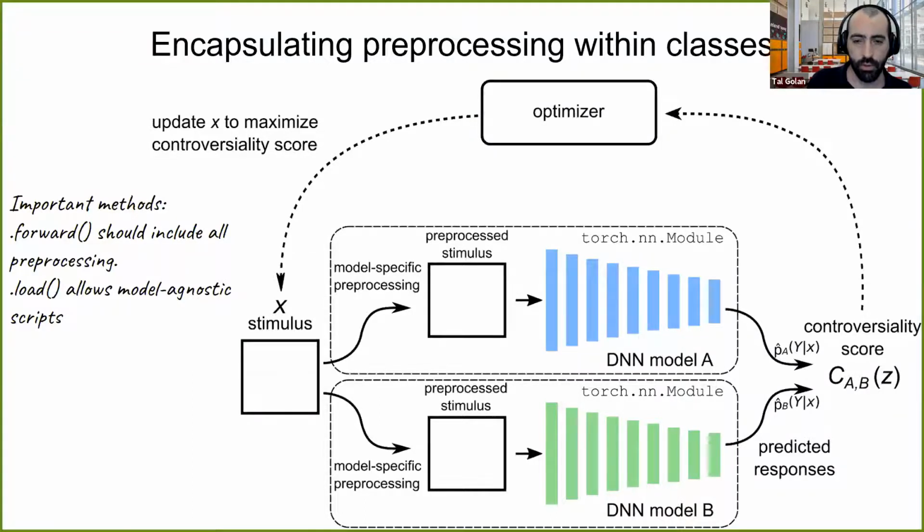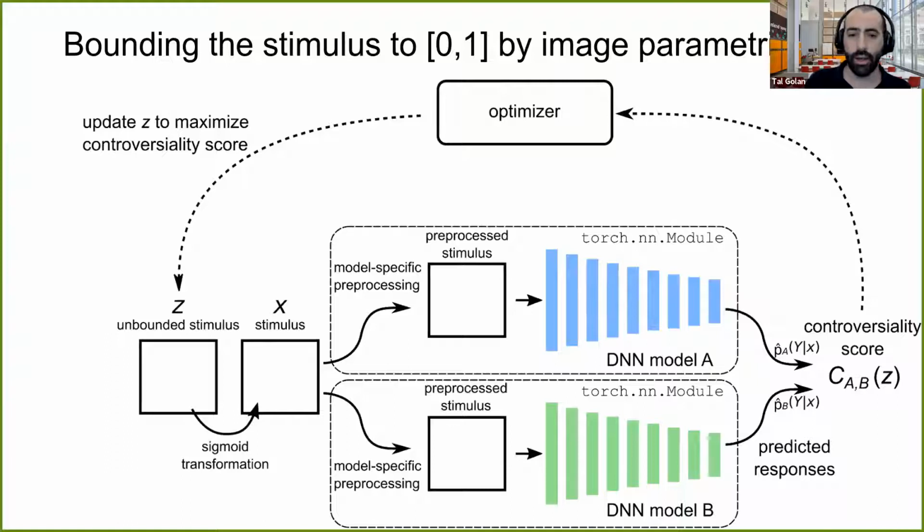Okay, so that's that. And one more practical consideration, images have limited intensity range. So if we are using floating point representation, then the pixels should have intensity values between 0 and 1. If we just run some optimization algorithm, they might run beyond these limits. I found that the best way to ensure that we respect this constraint is by reparametrizing the stimulus.